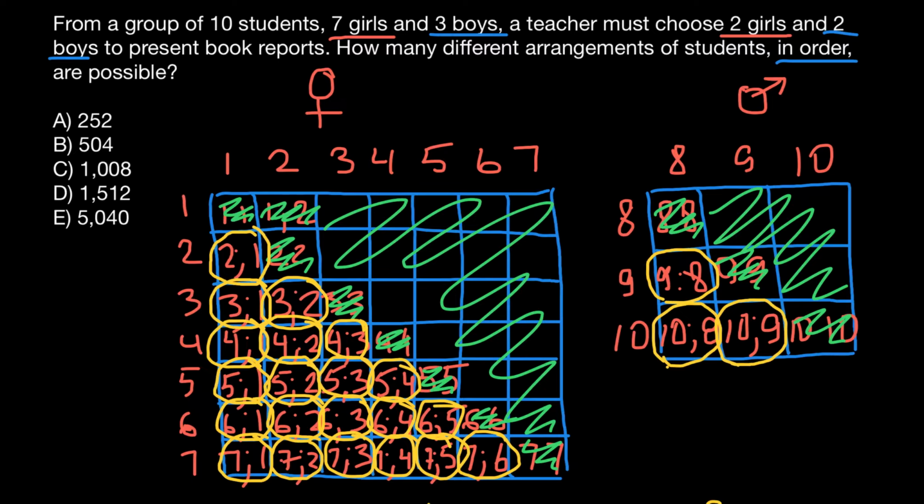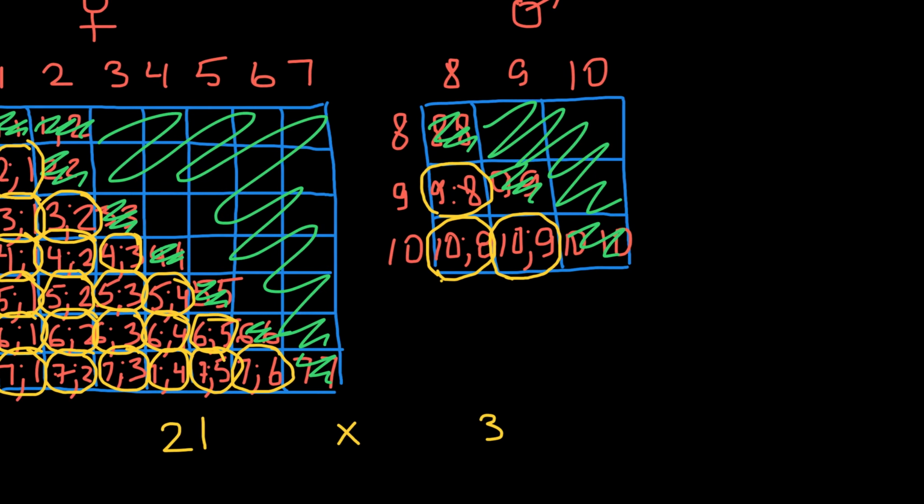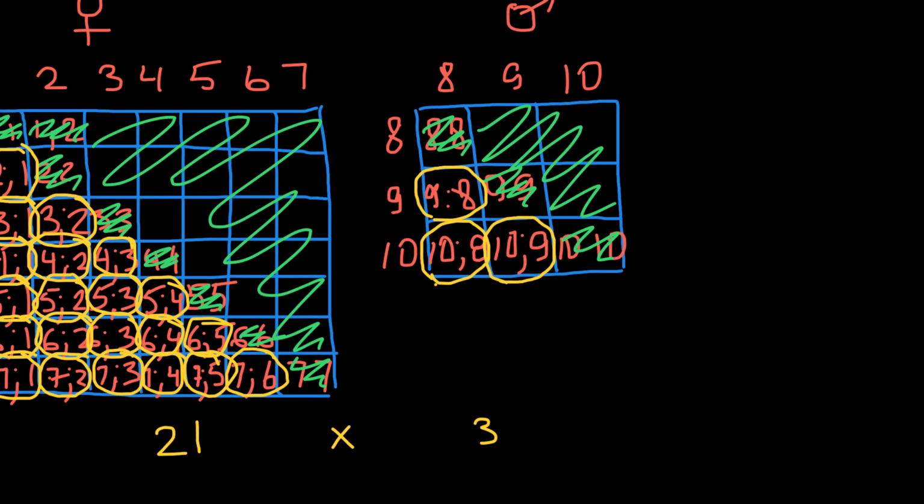So this gives us a new level of complexity for this problem. Now we have to use the rule of permutations. And take a look at what our next step would be. We have to choose 4 people out of 10. 2 have to be girls and 2 have to be boys.